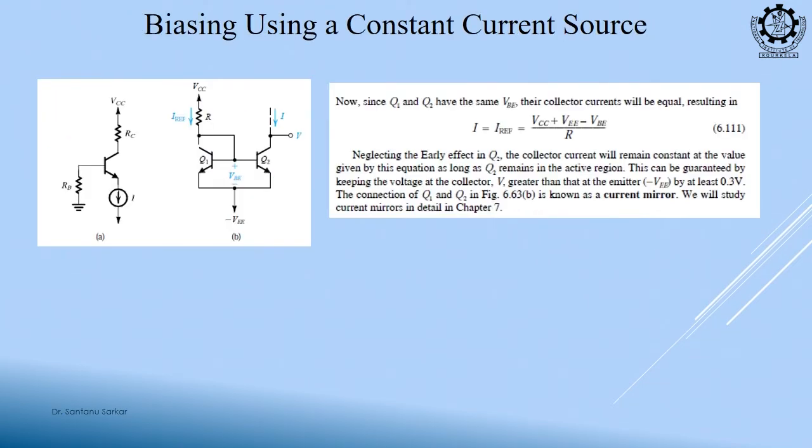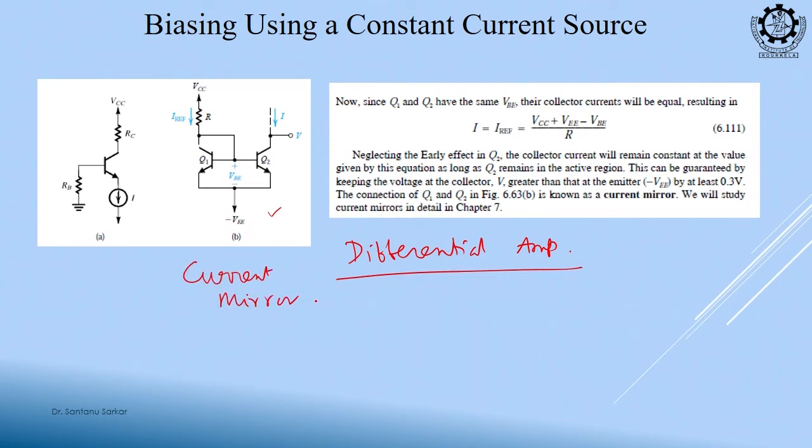Fourth technique is using a current source. This kind of biasing we will be seeing in differential amplifier. Okay. And this is known as the current mirror. What is the meaning? You see, if IREF current is flowing through this, and base and collector are shorted, base and collector shorted means base potential is equal to collector potential. So, its base and its base are shorted and emitter is grounded.